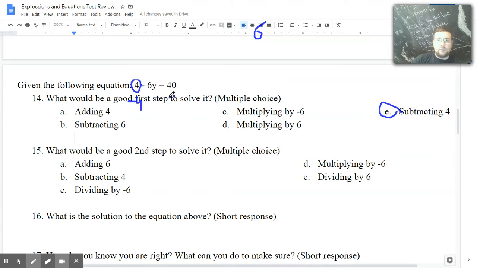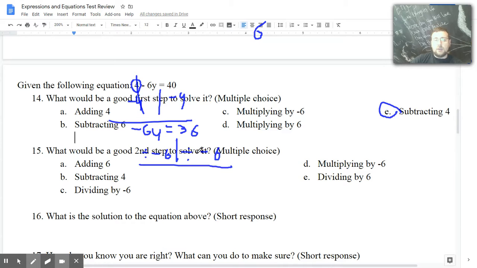If I subtract 4 from both sides, then the 4s will cancel out, and I end up with negative 6y equals 36. Now, I have to get rid of that negative 6 next, and it's multiplying my y, so I have to divide by negative 6, not by 6, because you have to do it to both sides, and dividing by 6 wouldn't get rid of this.